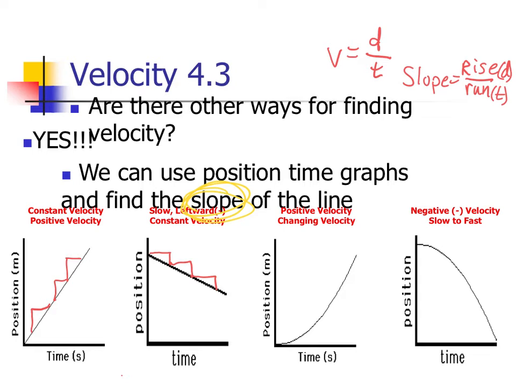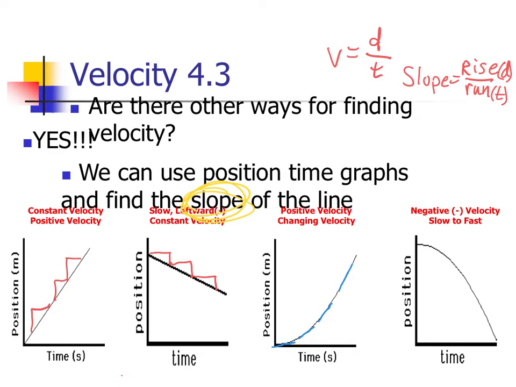Now, when we have these ones on the right-hand side here, where we have this curvature happening, when they have that curve, that means the slope is changing, because the slope of the line changes as we go.